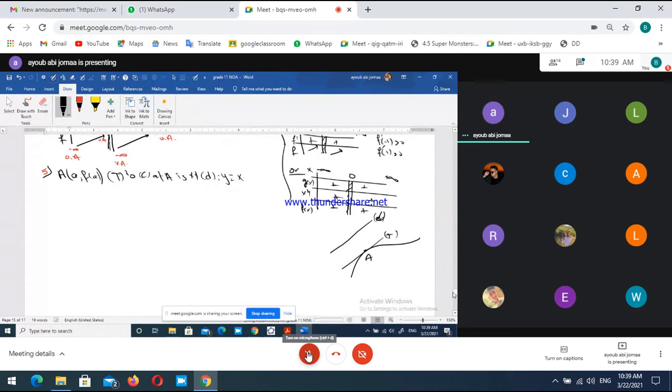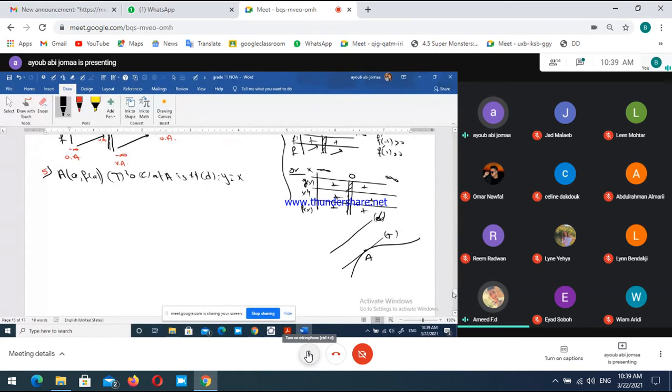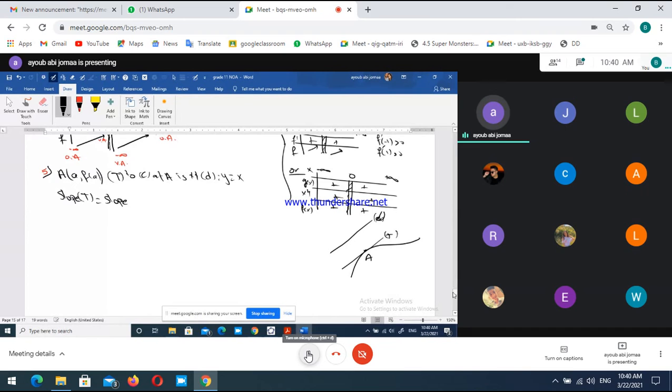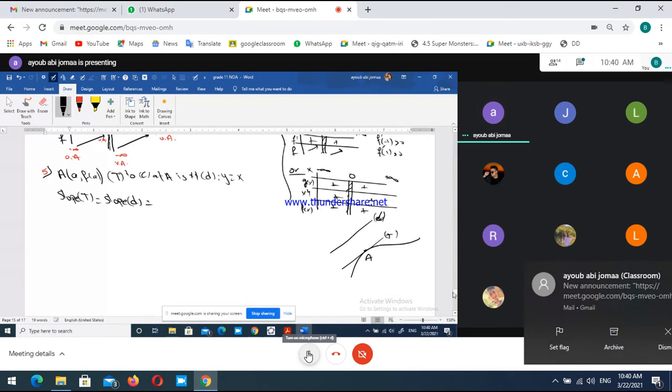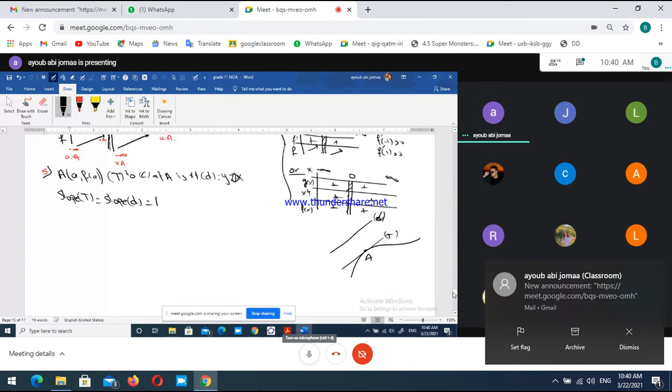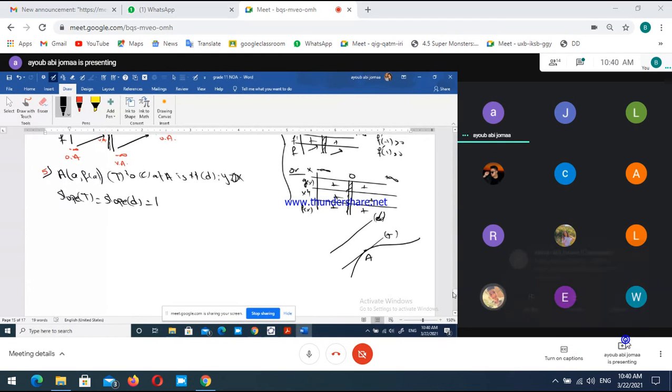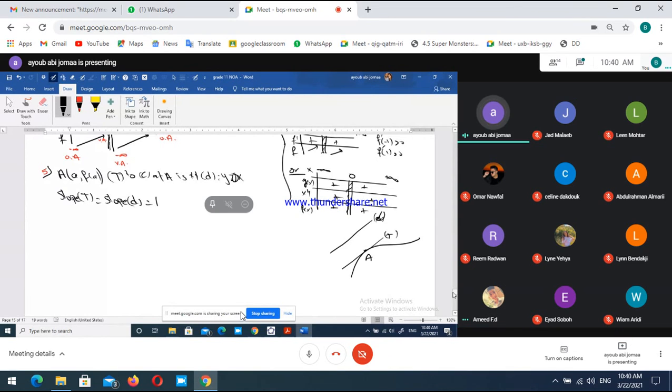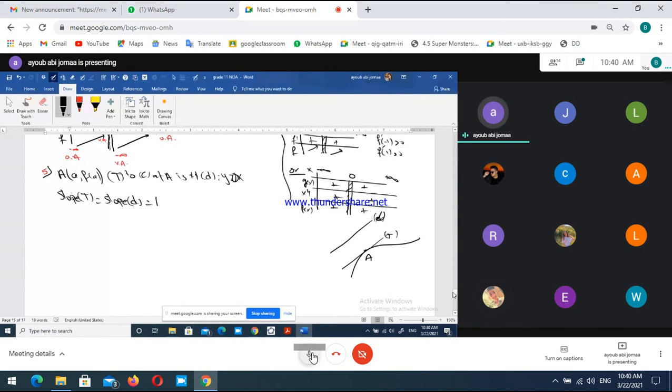Okay, what does it mean? What is the slope of the tangent line at A? It is equal to the slope of D, which is 1. Right. The slope of the tangent line T is equal to the slope of line D, which is 1. And what is the slope of the tangent line? The derivative.